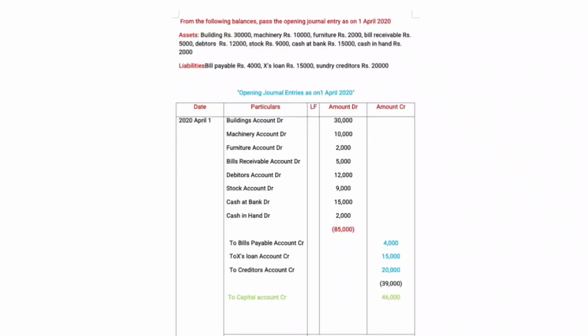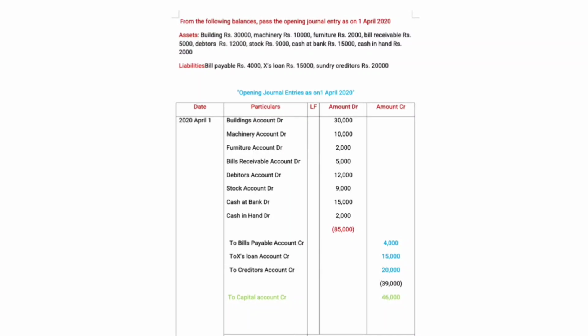Liabilities: bills payable is 4,000, X loan rupees 15,000, sundry creditors is 20,000. We already know in the proforma of opening journal entries, we take all assets on the debit side and all liabilities on the credit side. If assets are more than liabilities, we consider the remaining balance as capital. If liabilities are more than assets, we consider the remaining balance as goodwill.